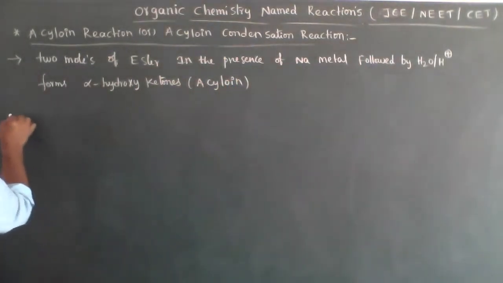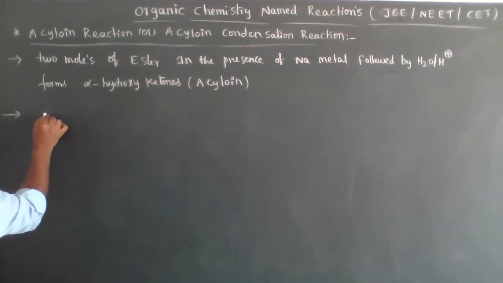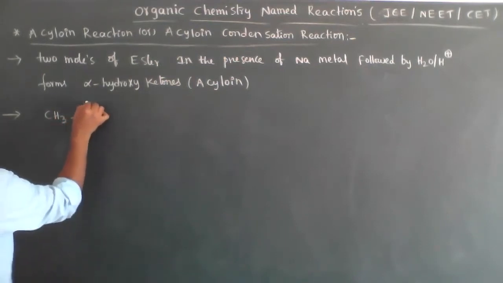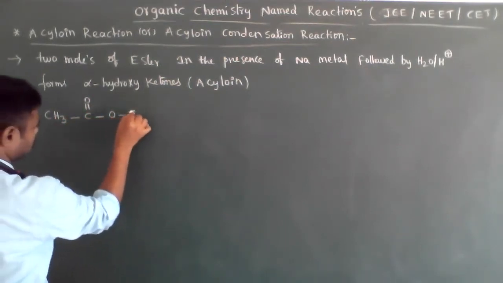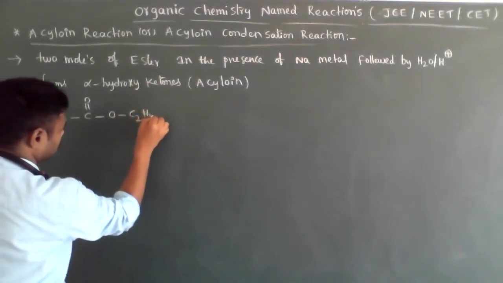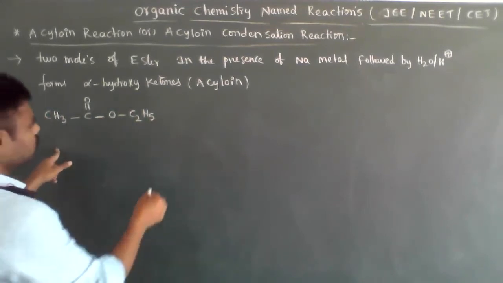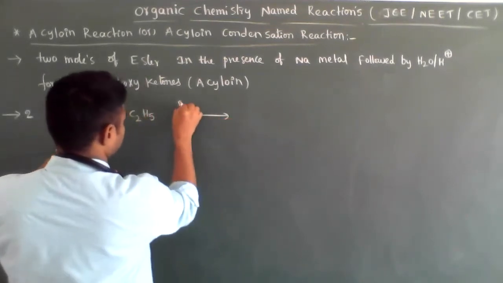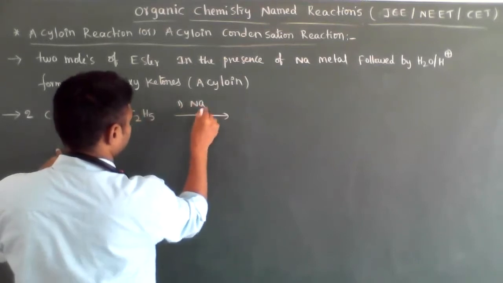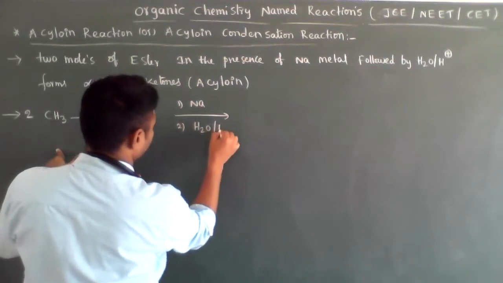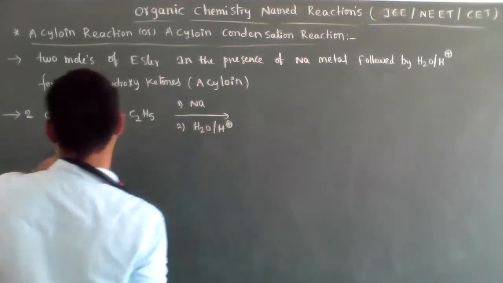Okay, let's see an example. You know very well esters. Two moles of esters we need to take. These 2 moles of ester in the presence of sodium metal, followed by acidic medium hydrolysis.